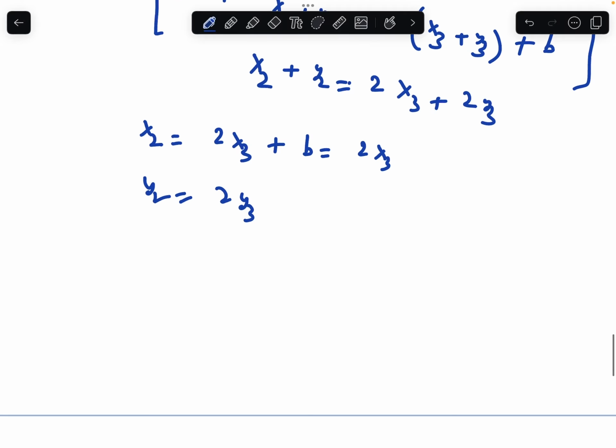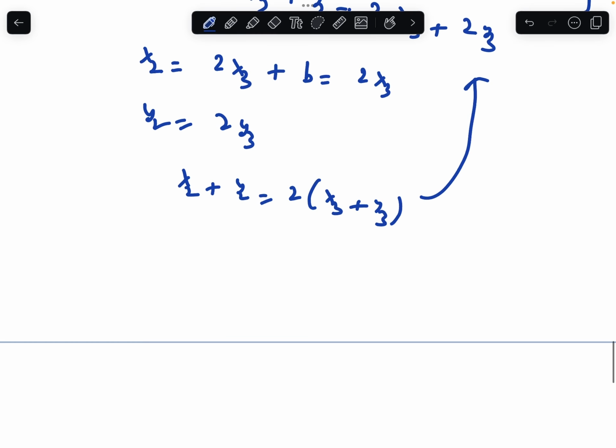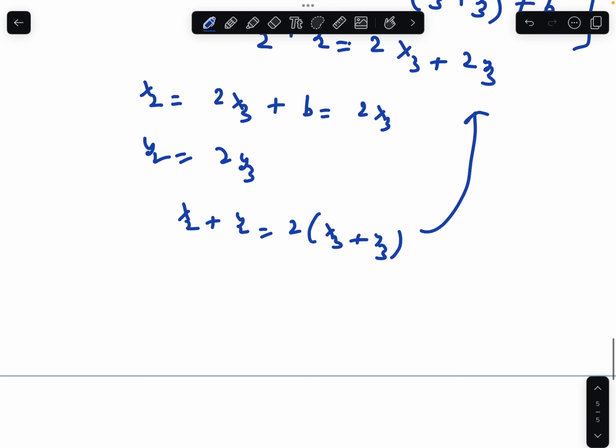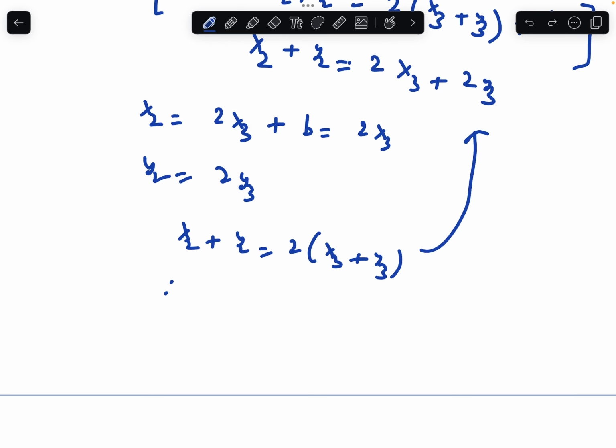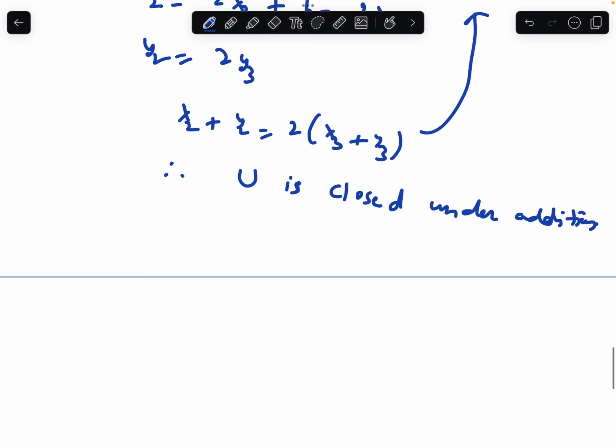If we add these two, then we get x2 plus y2 equals 2x3 plus 2y3. That is this thing. So this condition is true, and therefore U is closed under addition, right? So the first condition is satisfied.